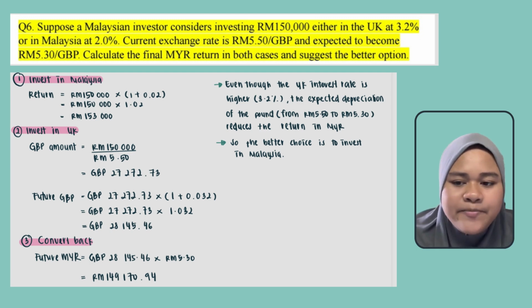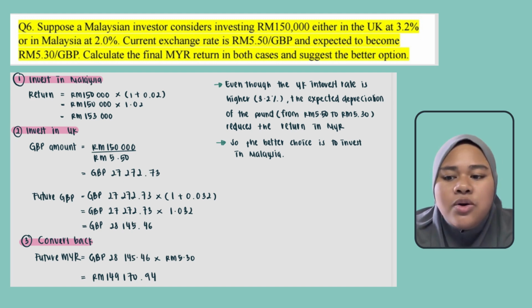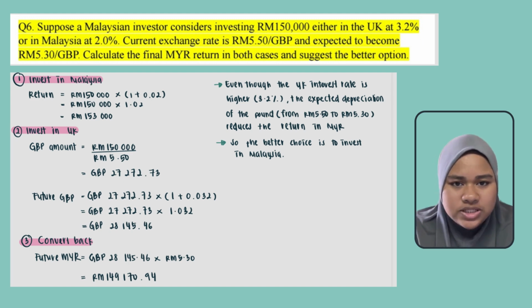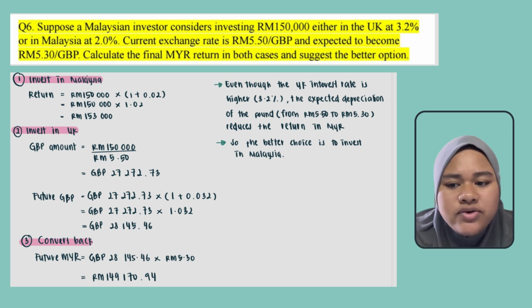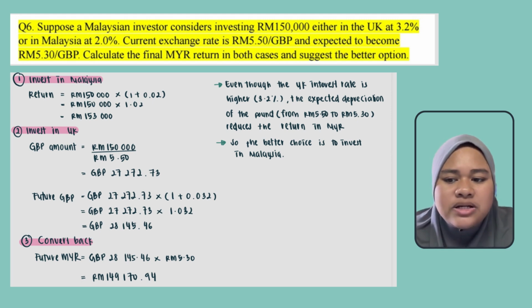The second option is to invest in the UK. We need to convert the money to GBP first, according to today's exchange rate, which is 150,000 ringgit divided by 5 ringgit 50 cent, and we get 27,272.73 GBP.